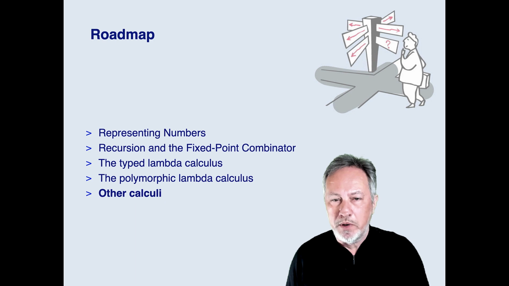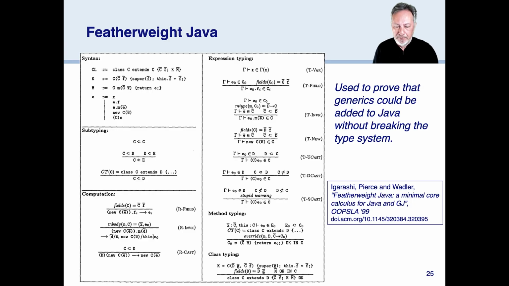Let me show you quickly a little bit about some other calculi. This is featherweight Java. It's a little bit more complicated than the lambda calculus, but it still all fits onto one slide very easily. We have a syntax for featherweight Java.